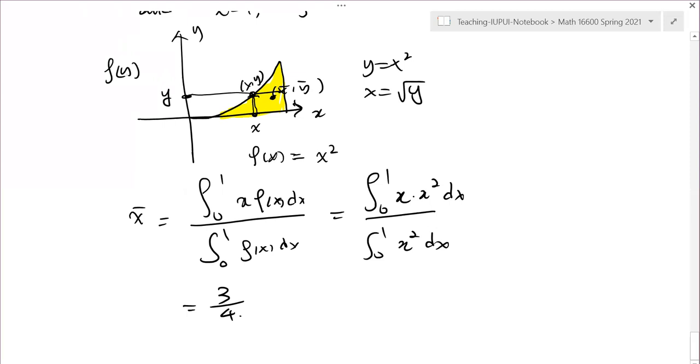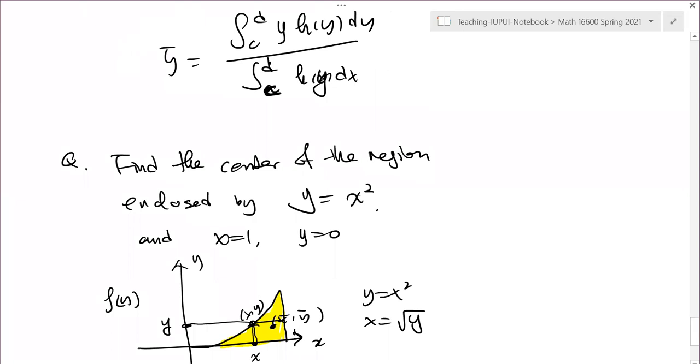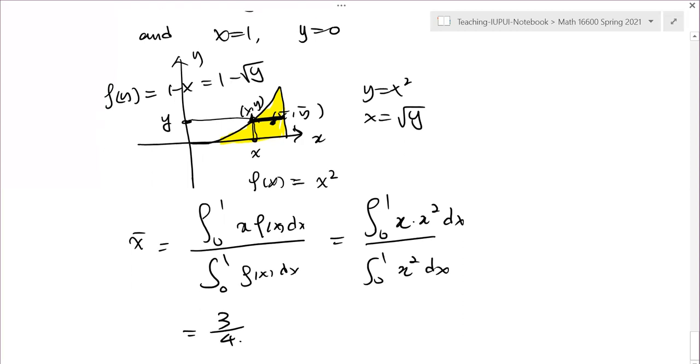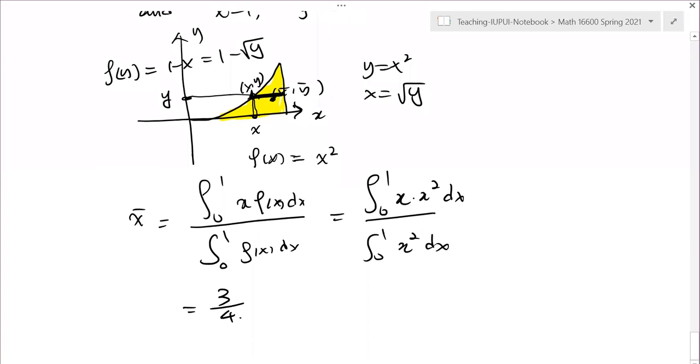It's the same, I use h, it's fine. I need to measure the length of this piece, the horizontal line segment. When y is fixed, the length is 1 minus x, because the coordinates of that point are x and y. And what is x? x is square root of y, I have to express it in terms of y. So that is my density function.